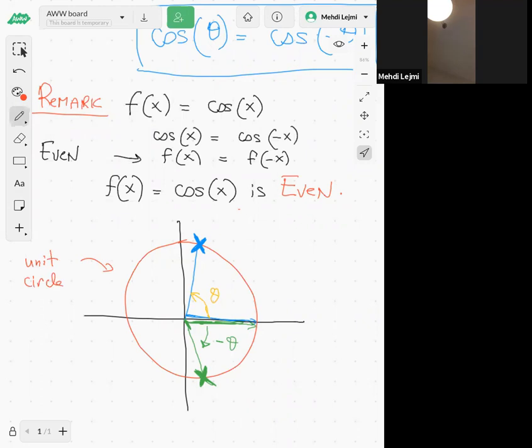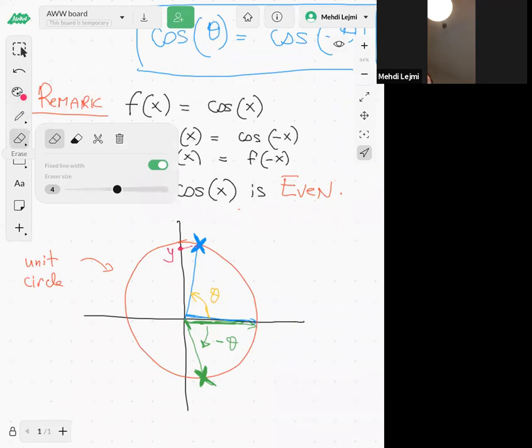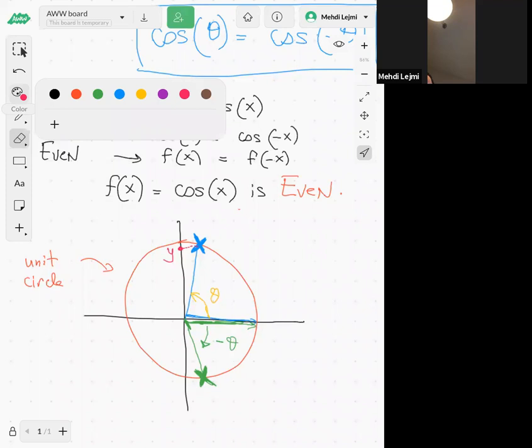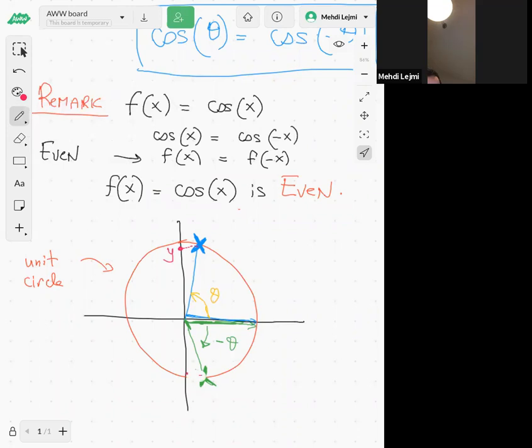Anyway, my point here, guys, is that if you take the y coordinate, the y coordinate of this point would be this one. And the y coordinate of the other point would be somewhere here.